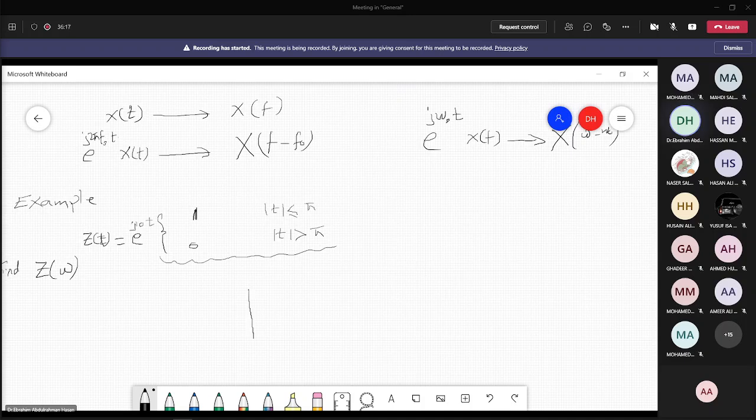So here minus pi, and this is pi. So z of t is just e to the power of j10t multiplied by x of t, which is 1 between minus pi and pi.